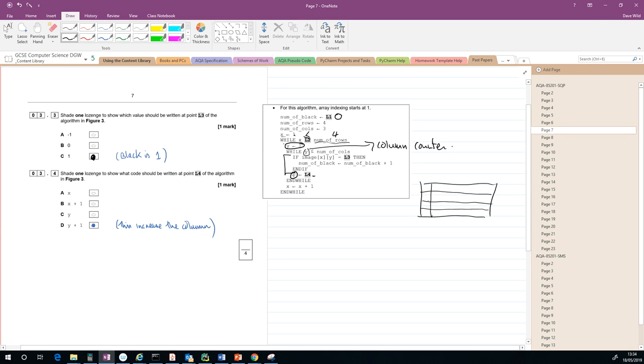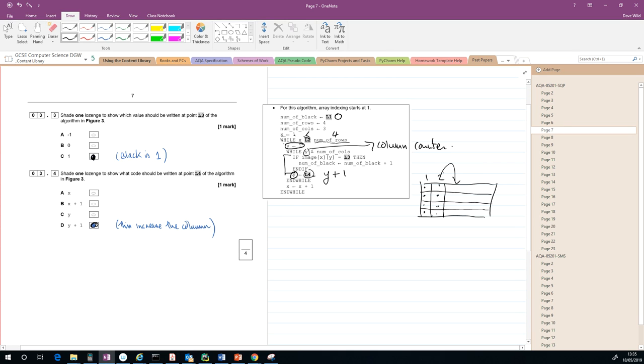So we're checking this one first, then this one, then this one, then this one, then we're going over to here, and then we're checking these. So we're increasing the column count from 1 to 2, and when we've checked all the rows in this column, we're going to go to the next column, column 3. So this is increasing the column count. The column count is y, so this should be whatever y is plus 1. So we're increasing the y value, which is the column count, by 1.